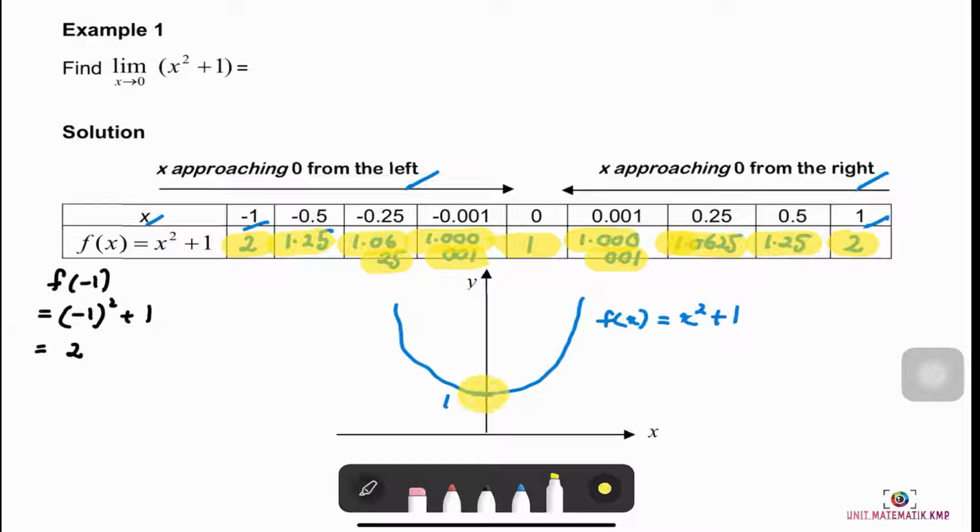Around here, when x approaches 0, the values of y, or the limit, approach 1. Therefore, for this question, limit x squared plus 1 when x approaches 0, the answer is 1.